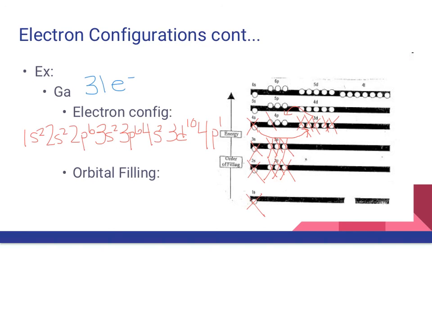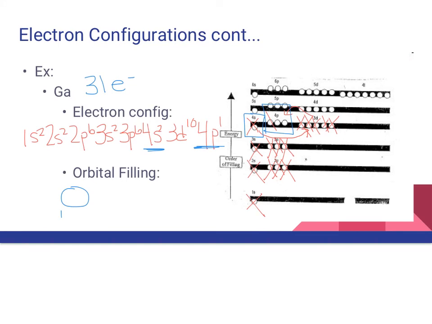Now the orbital filling diagram for this one is going to be a little trickier. The highest energy level that I fill to is going to be the 4s and the 4p. Yes, the 3d is in that same row, but it's not considered the 4th energy level, so I only want to use the 4s and the 4p. I'm never going to include d's in the orbital filling diagram.